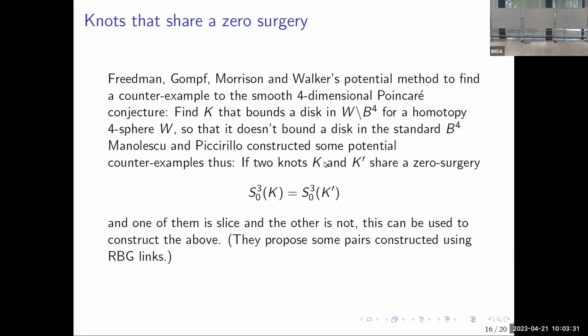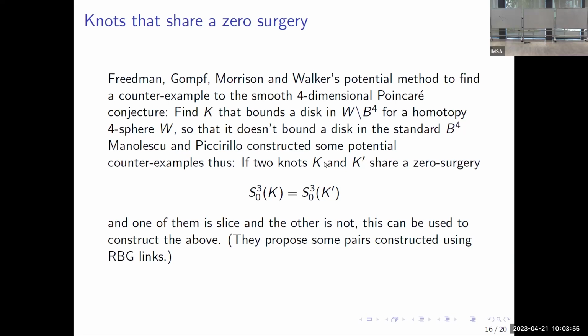So one thing that Nathan and I did was to try to construct these pairs by brute force, because this RBG method is pretty good. You can just draw some links and say, I'm going to add this number of twists here, this number of twists there, and construct one of these pairs.